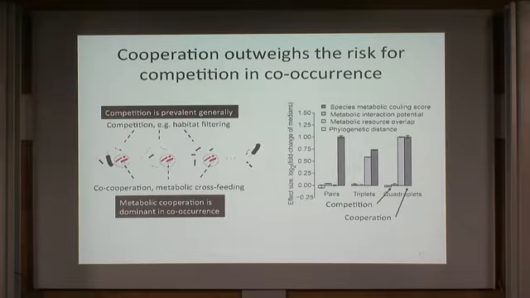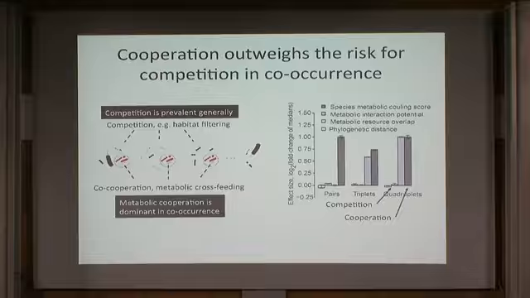So overall, this study was more about a basic understanding of the role of metabolic interactions in species co-occurrence, and we could see that competition is actually dominant at the sample level overall in the habitat. However, there is this metabolic cooperation in the co-occurrence.